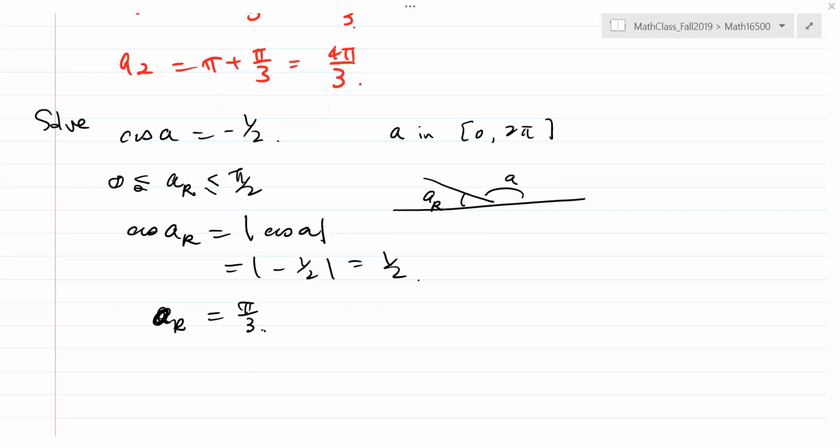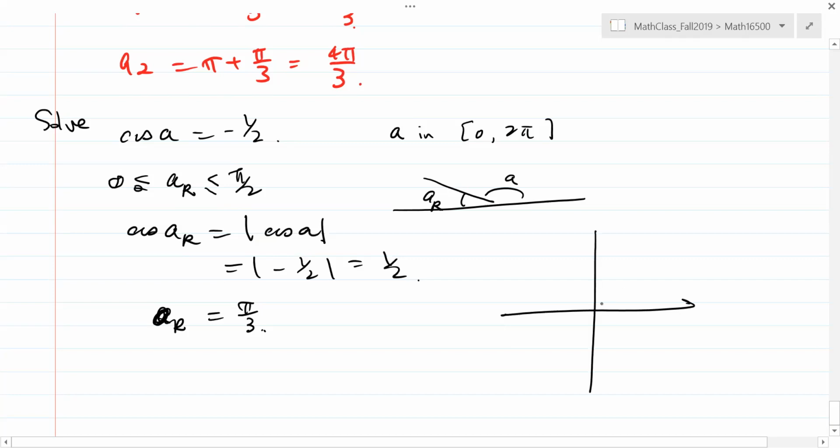And cosine A is negative, which means for cosine, this is positive, y equals cosine A, and over here cosine will be negative. So the angle must be here or there, if this is the reference angle and this is A. And plus or minus the reference angle from pi, you get the solution.